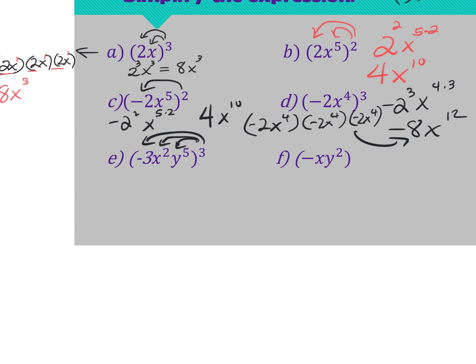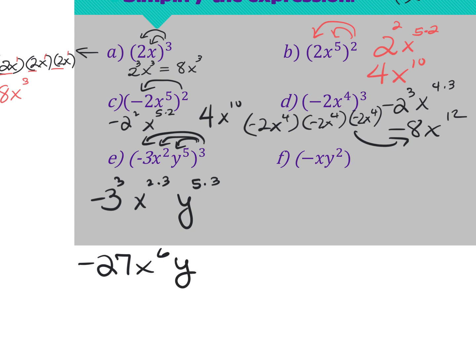So it'll become -3 to the third, x squared, and again, power to a power, we're going to multiply the exponents. So -3 to the third, -3 times -3 is +9, times another -3 gives me -27. Multiply those powers on the x, and also multiply the exponents on the y.